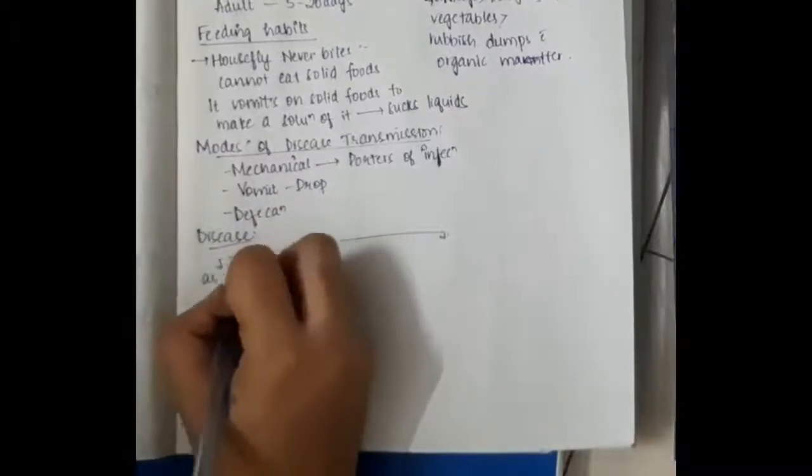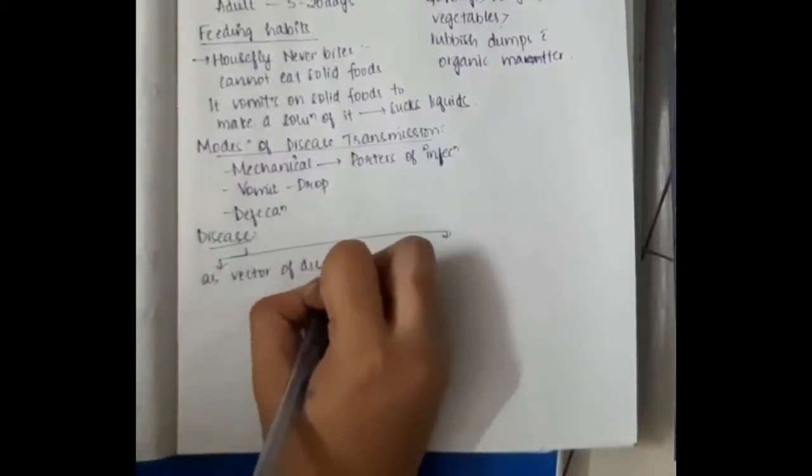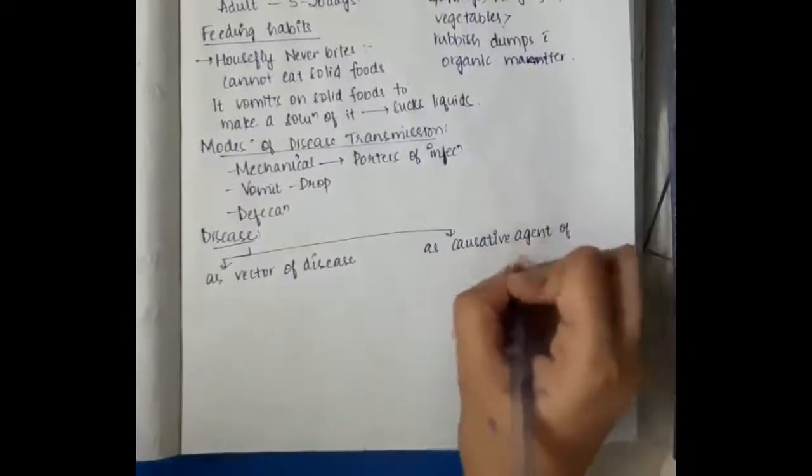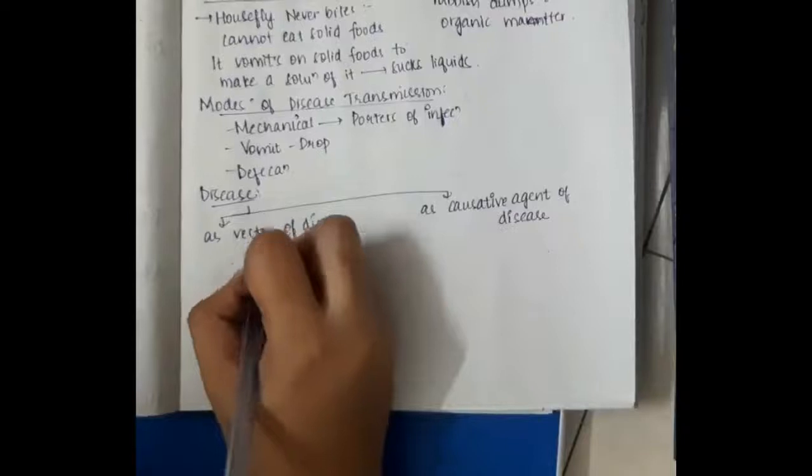The diseases transmitted by the housefly: it acts as a vector of disease, and it also acts as a causative agent of disease.